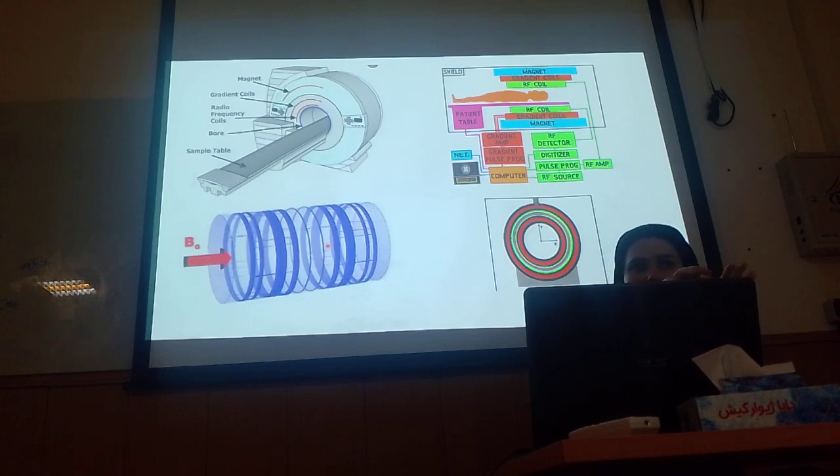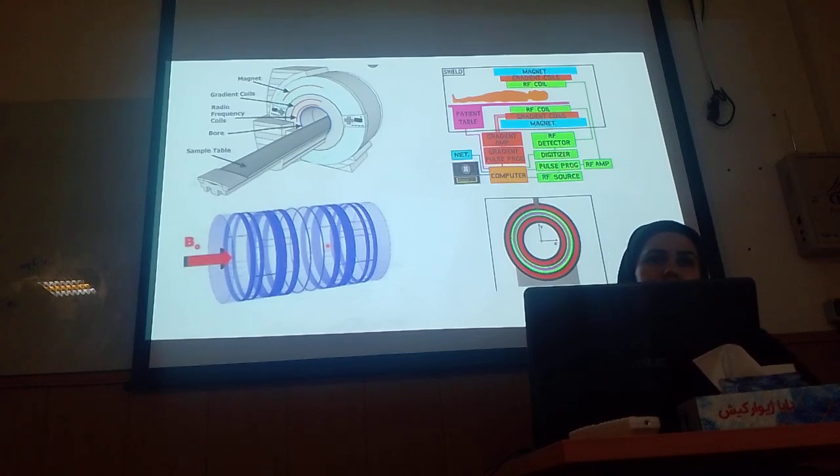The direction of V0, along the long axis of the scanner, is designated as the Z direction.